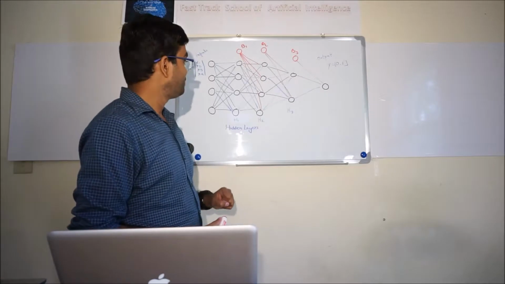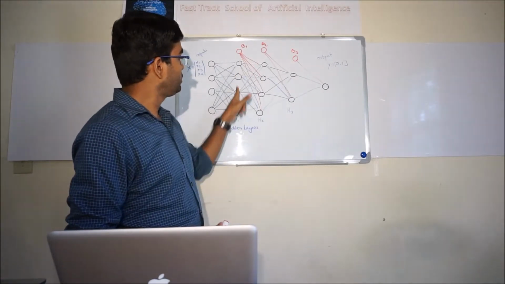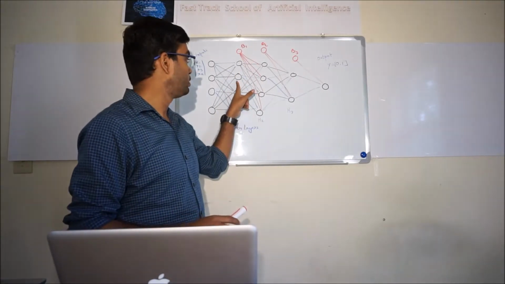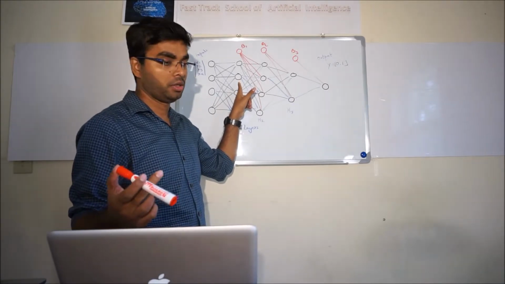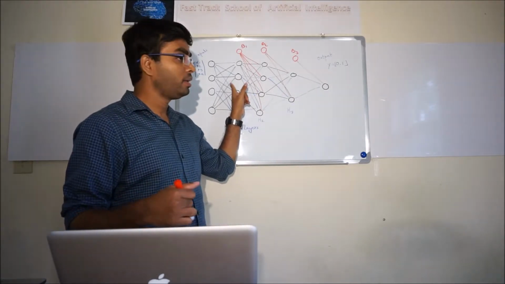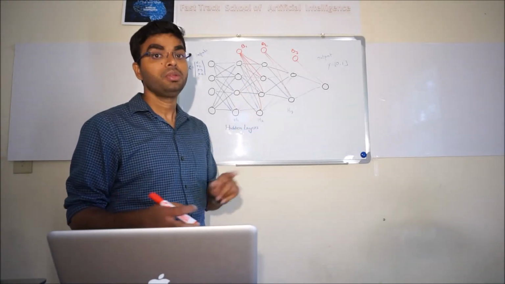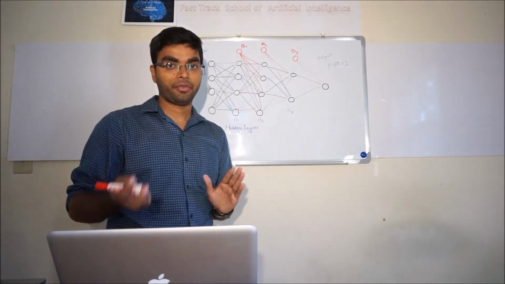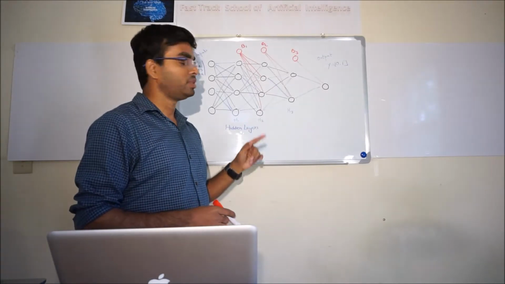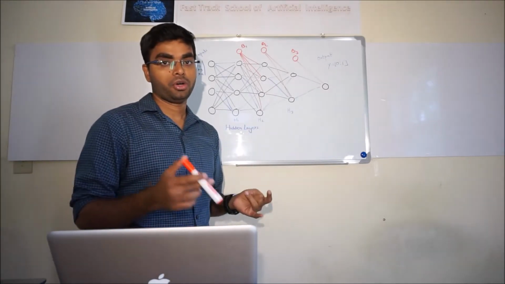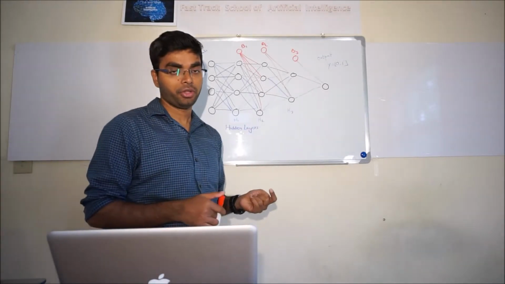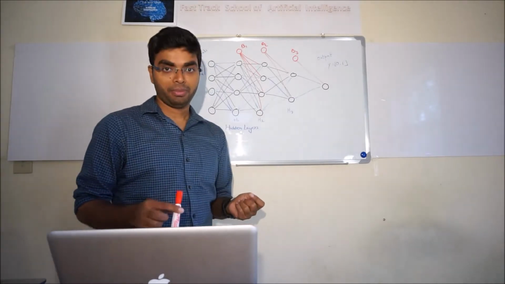Okay, so these individuals are neurons, as we already discussed, but in real-life challenges, in most cases you will have to use advanced neurons, something called ReLU or tanh or sigmoid, to have the optimum result.